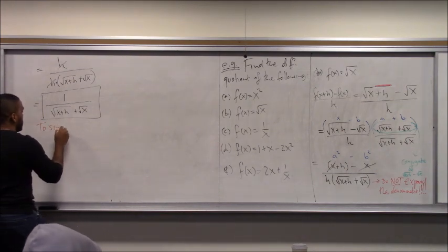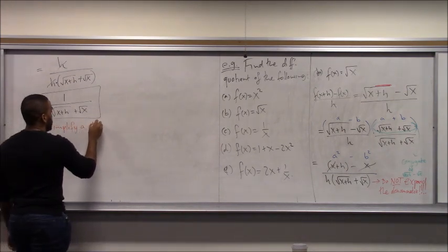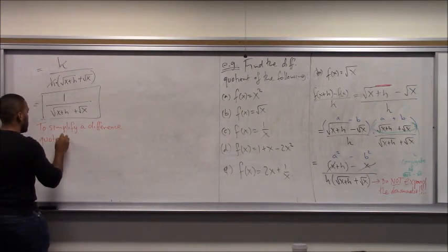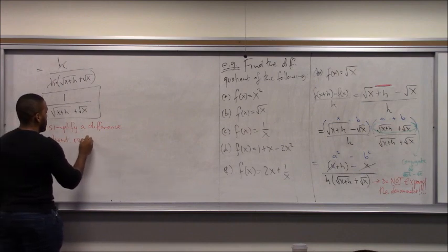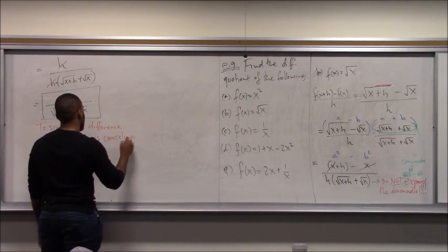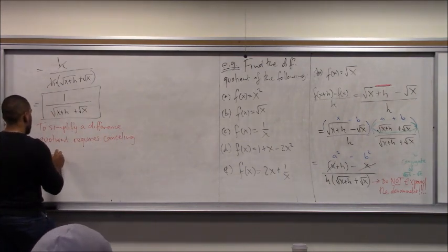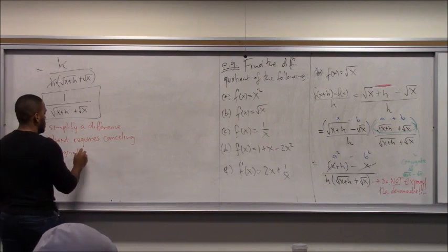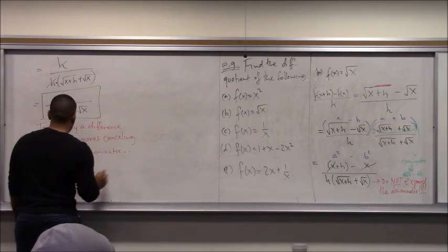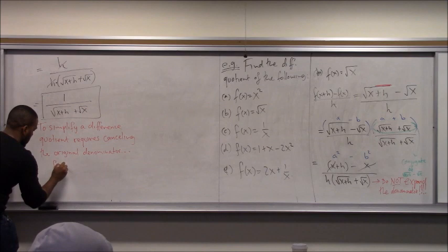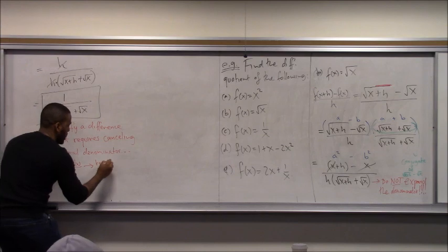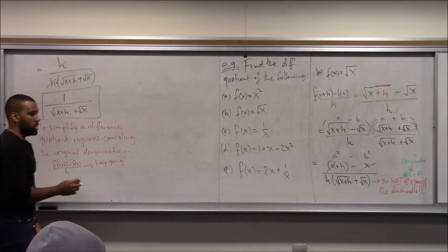To simplify a difference quotient requires canceling the original denominator. So if you have f of x plus h minus f of x over h, keep going until you cancel the h. If you do not cancel the h, it is not considered simplified.